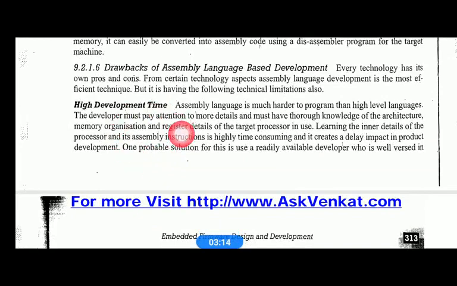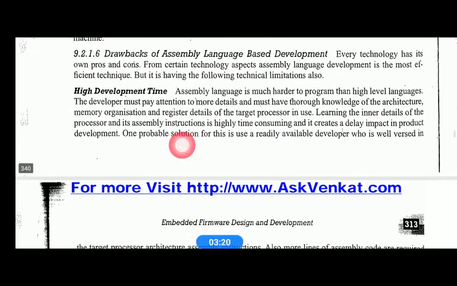You also have some drawbacks when you use assembly level language, that is the high development time required, because assembly level language is much harder to program than a high level language. It is not easy, and the complexity is more when you write the program using assembly level language, because the developer must pay attention to more details and must have thorough knowledge of the architecture.